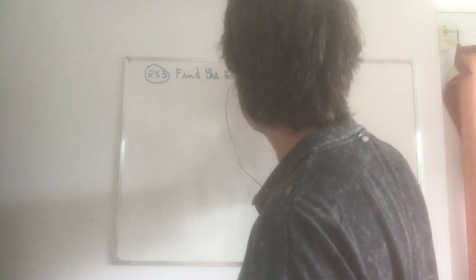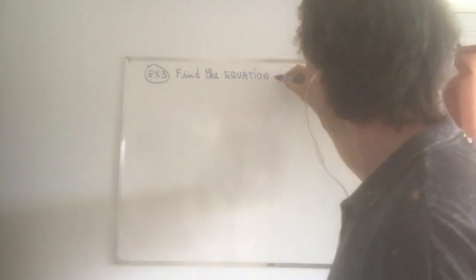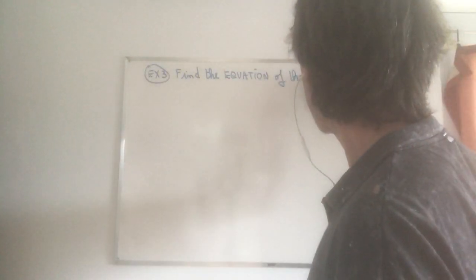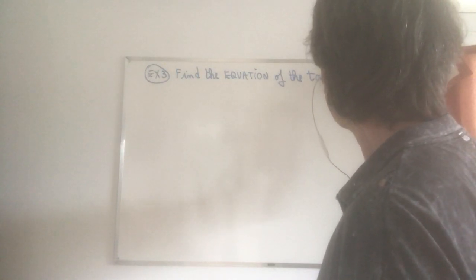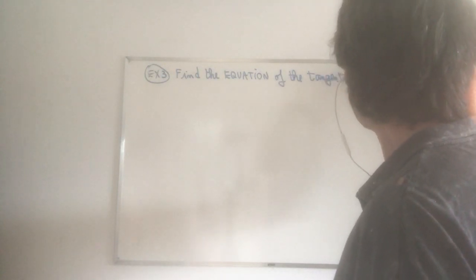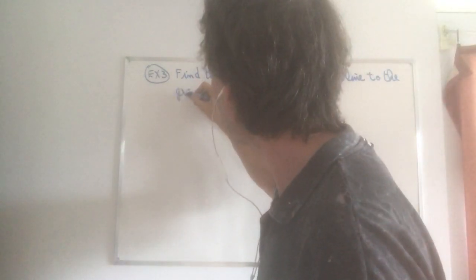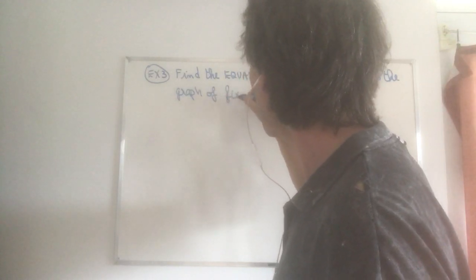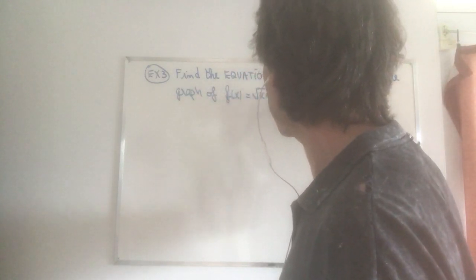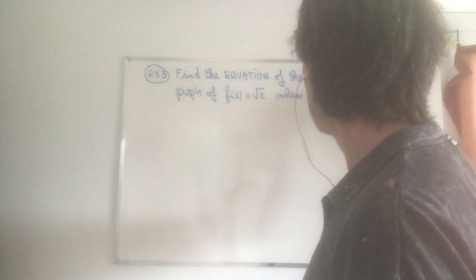Not the slope of the tangent line, but rather the equation of the tangent line. The equation of the tangent line to the graph. Let's use the same function. To the graph of f of x is equal to root x when x is equal to 4.